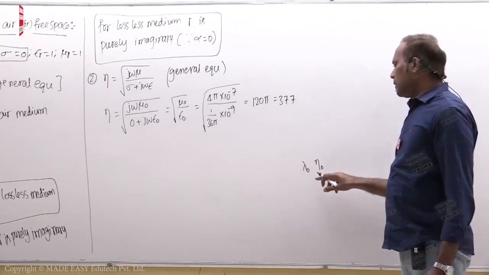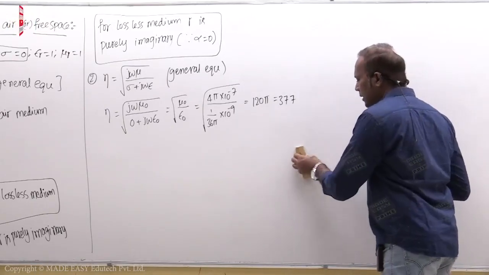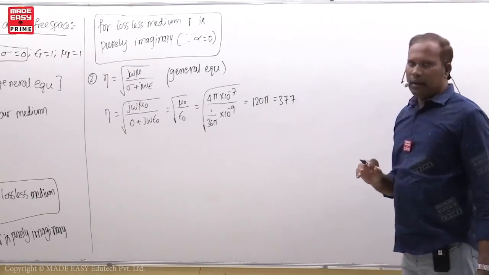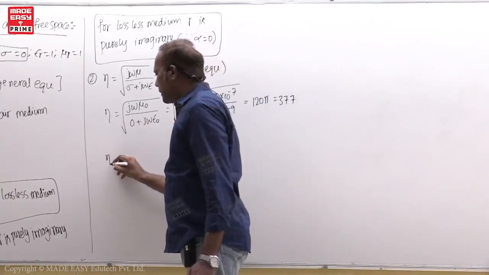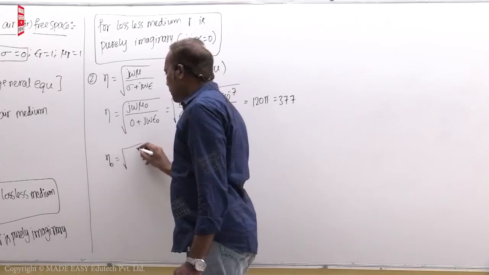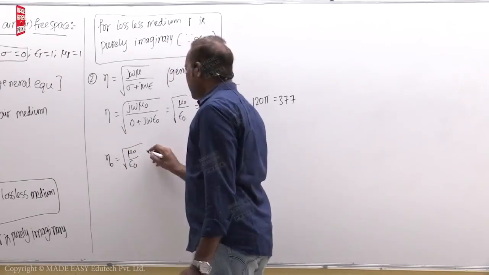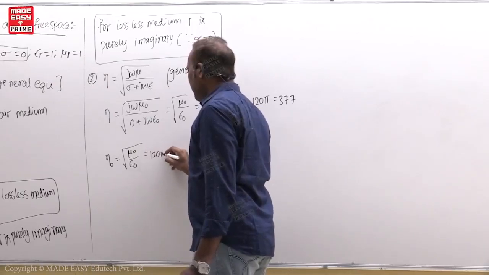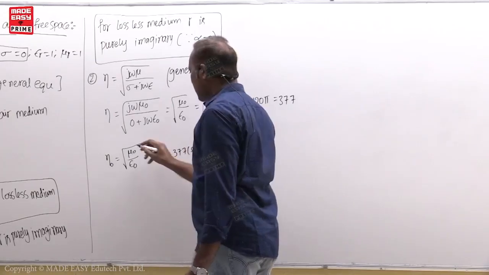You remember that. Okay, this naught symbol is used for air medium, like epsilon naught, mu naught, they are for air medium. So now eta naught is equal to root of mu naught divided by epsilon naught. Then you get 120 pi, and that is 377 ohm, all are ohm.